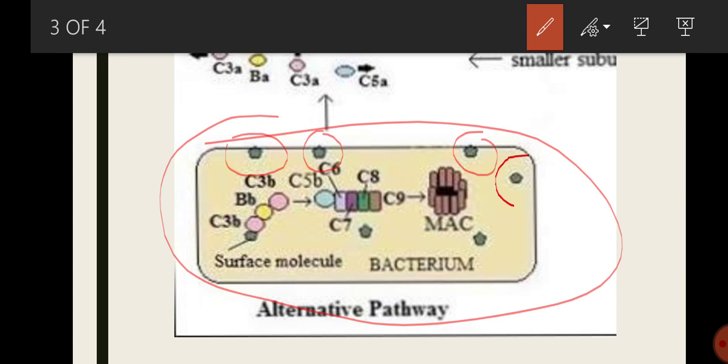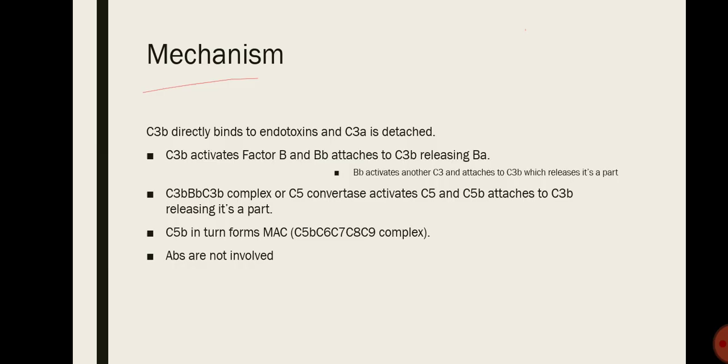Endotoxins are more in gram negative bacteria, but where will the gram positive go? What about the opsonization of the gram positive? We will discuss it in the lectin pathway, how gram positive bacteria will be phagocytized and opsonized. So bear with us.